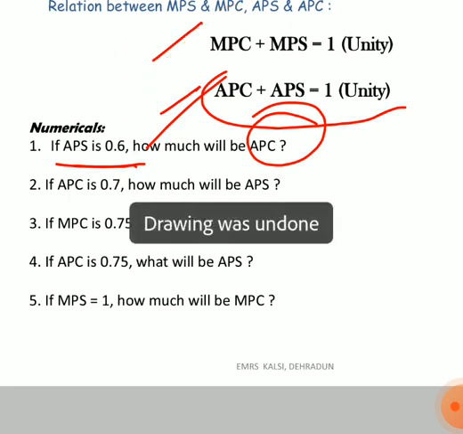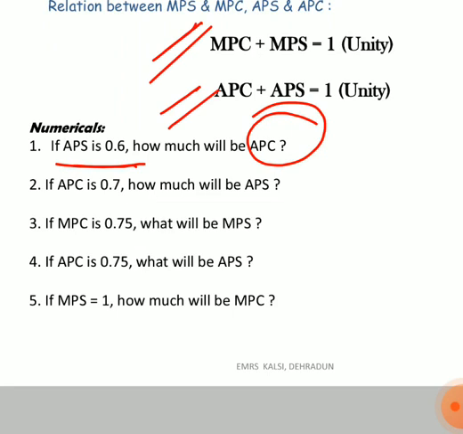Now these are the numericals, and using these formulas you can solve them. First one I will do for you, then the rest you have to do on your own. You can take a screenshot and solve. And if you have any doubt you can ask me in the comment section. So if your APS equals 0.6, then you have to find the APC. You just put the values in place.